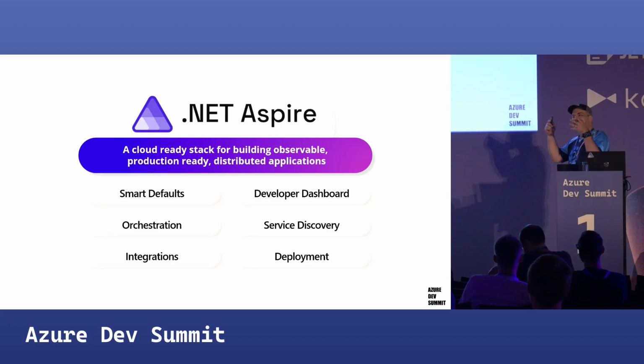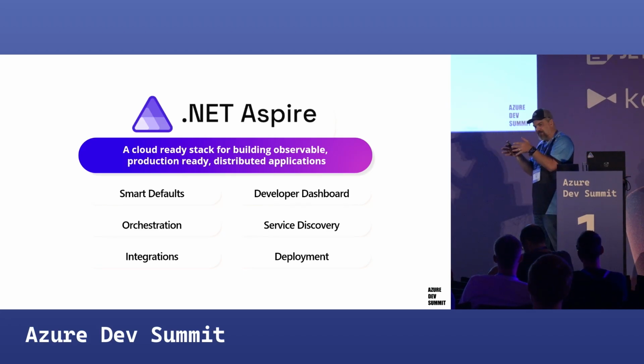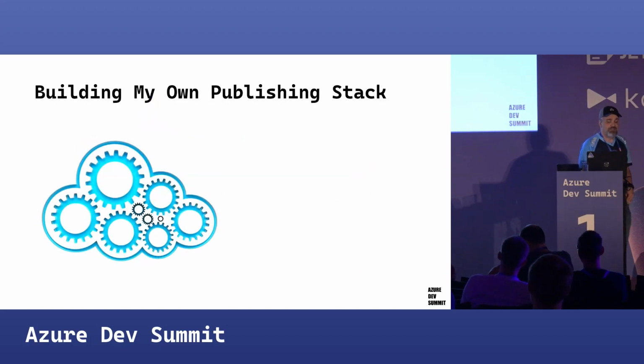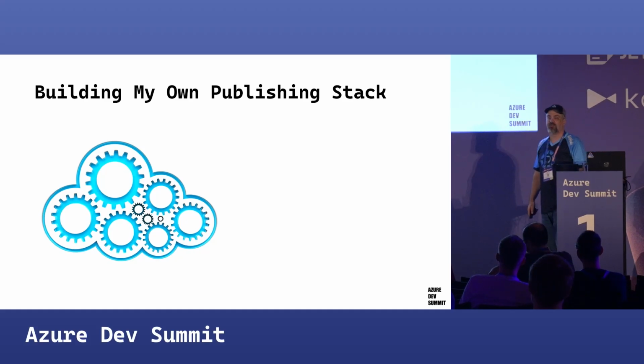So let's bring that together and build a little tip website called Copilot That Jawn and lean into my Philadelphia accent. So I built a publishing stack live online that does this. That makes tips available and shows them online, but I can use Aspire to make that really easy for me to do.